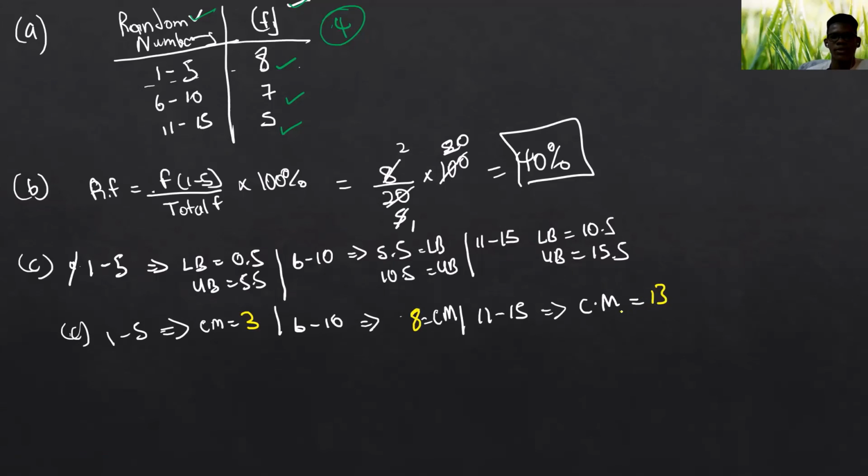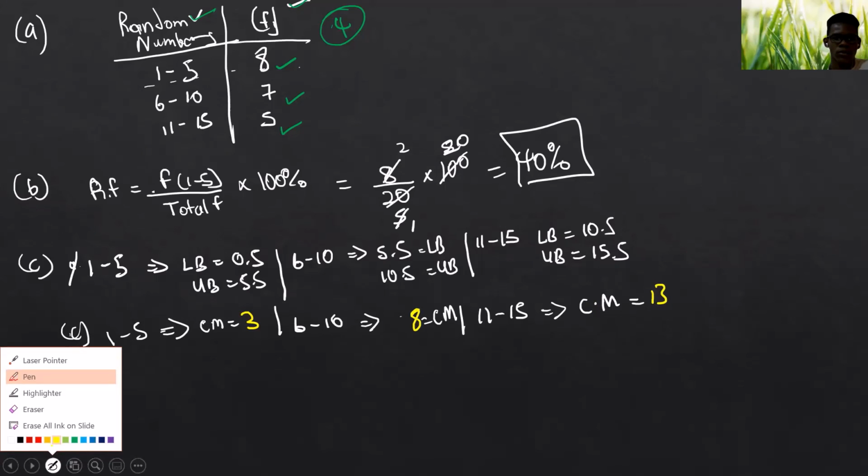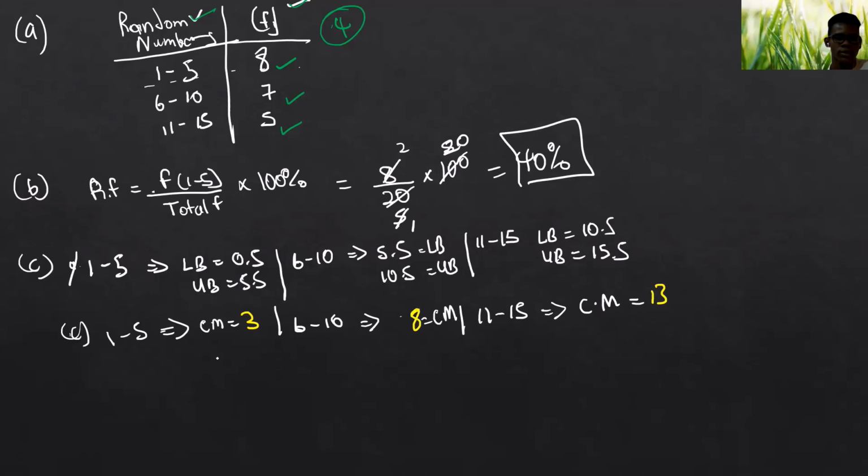Anyone saw the pattern for the midpoints? For the first class interval, it's 3. For the second class interval, the class midpoint is 8. For the third class interval, it's 13.